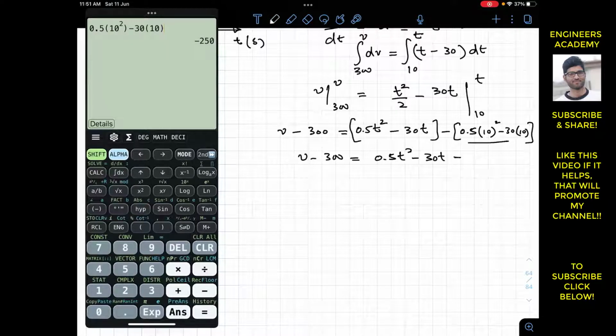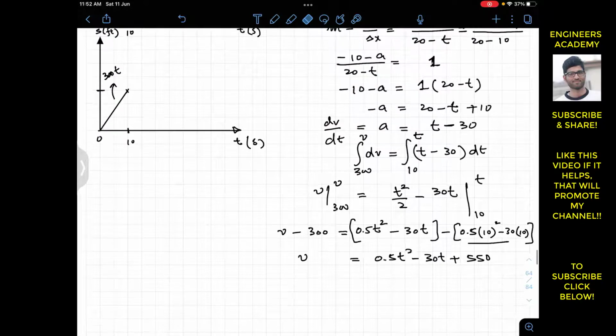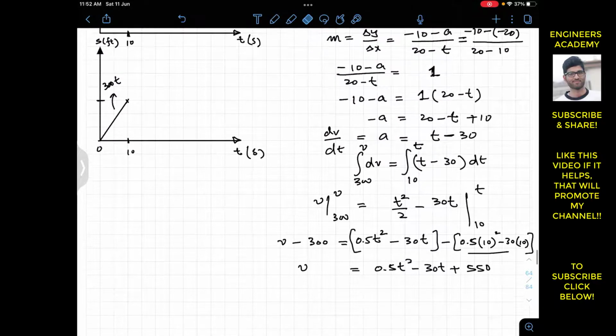And on the other side of the equation, this minus 300 will become plus 300. So now 250 plus 300 gives us 550. So this is 550, and we are left with v, right? So this is the velocity equation for t equals 10 seconds until 20 seconds.